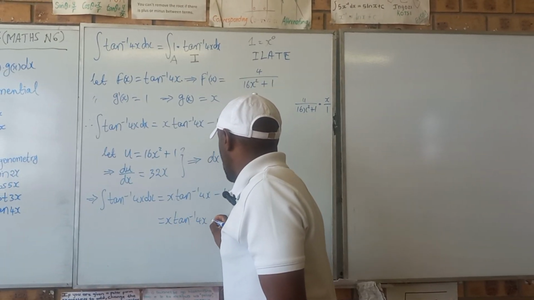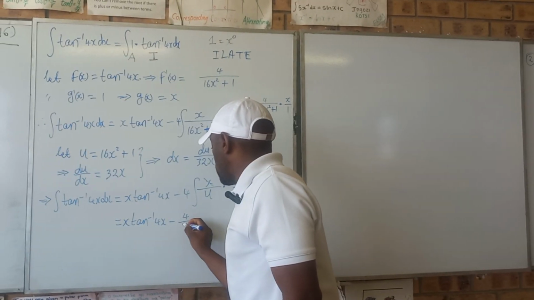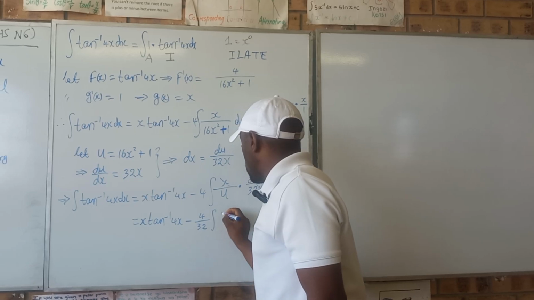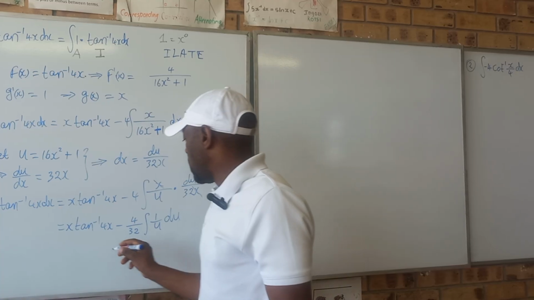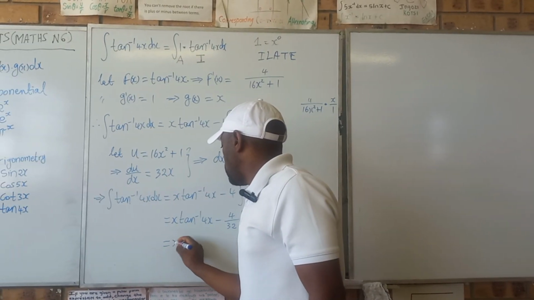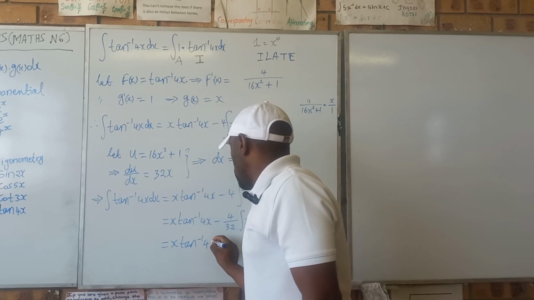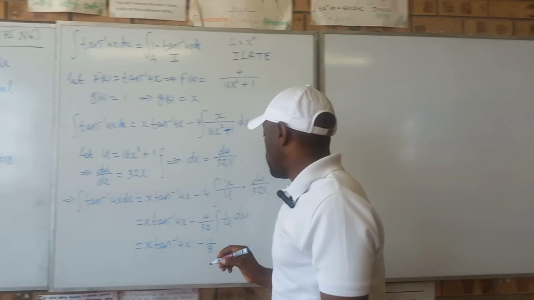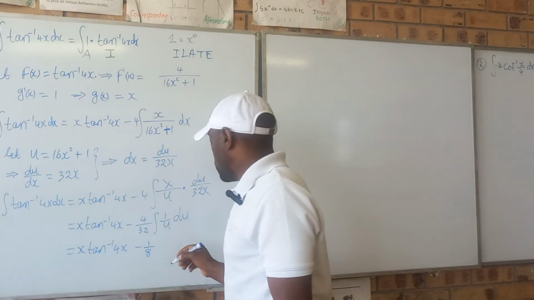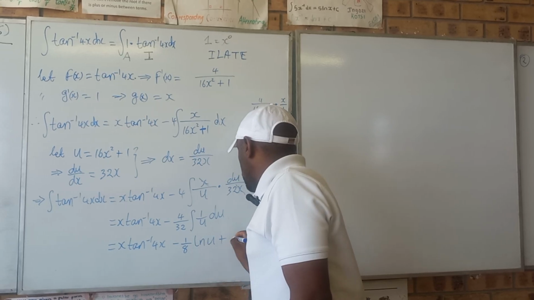So I'm simply getting x arc tan 4x minus, if 32 goes out, I'll be left with 4 over 32, out there, the integral of 1 over u du, and the integral of 1 over u is going to give me ln, as we already know. So this can be written as 1 over 8, that is 4 and 32. Then this will be ln u plus c.